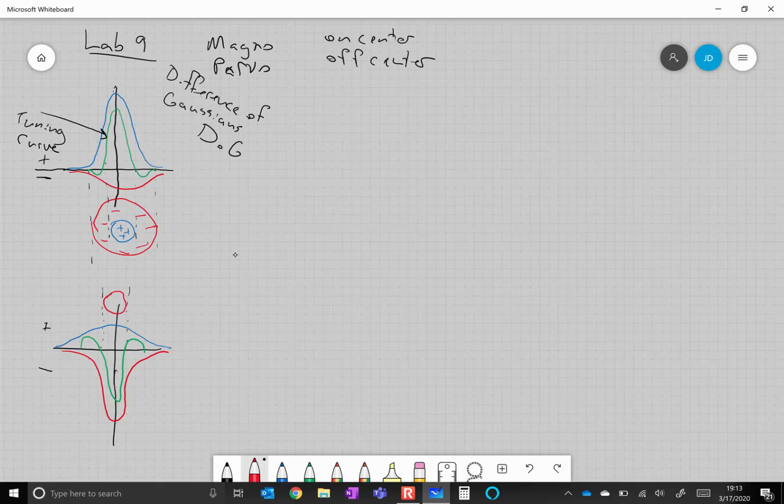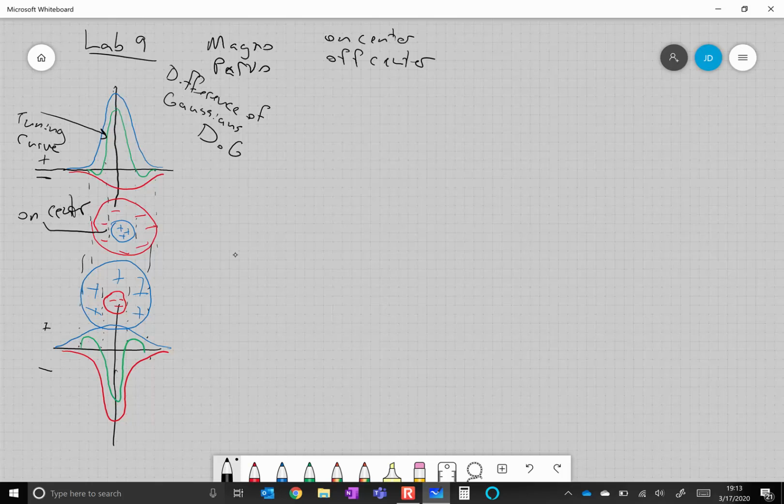So if we were to draw that, that would be your inhibitory region. And then we can see that surrounding region coming just above the x-axis, which indicates that it's excitatory. So both of these should have similar sizes and shapes, but you see that they're inverted. The cell here is on-center.